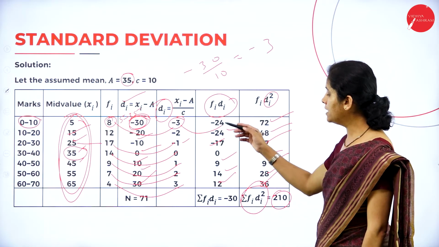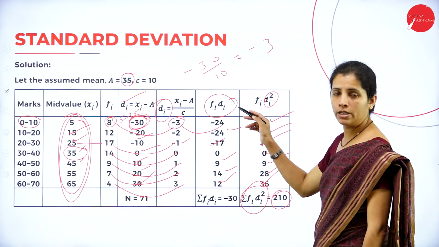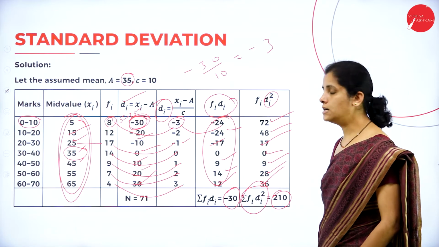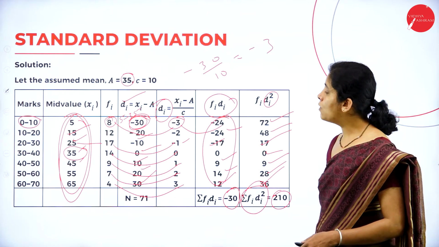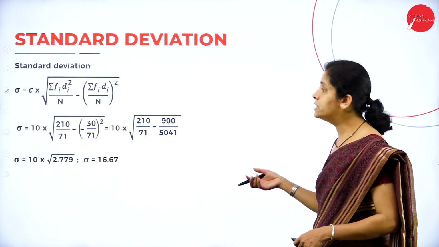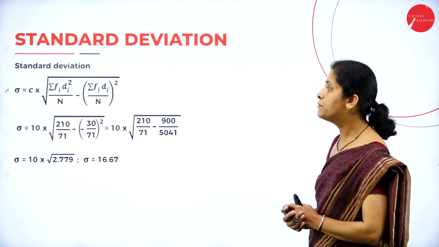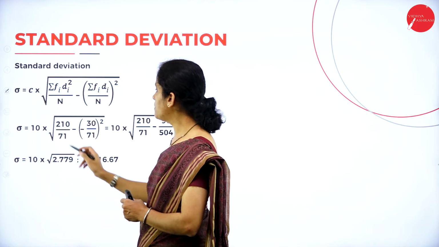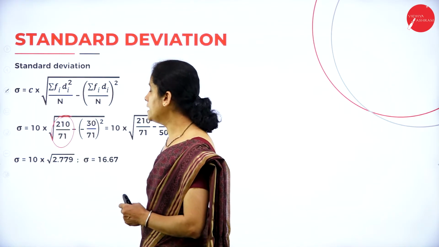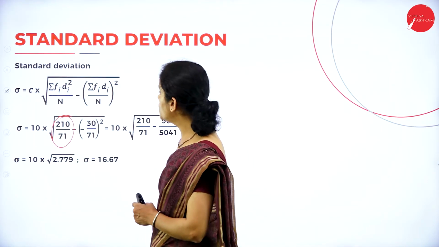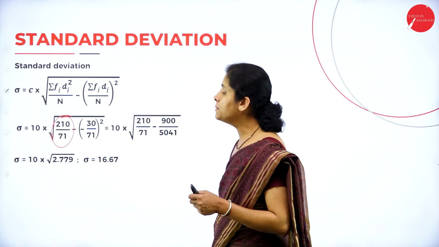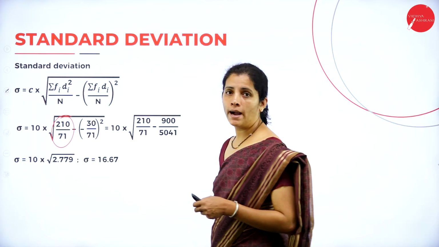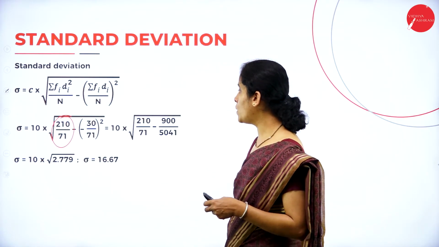And if I calculate summation of Fi into Di, it is minus 30. Now, I'm going to substitute all these values in the formula. After substituting, I'm going to get 10 into the whole square root of 210 by 71 minus (30 by 71) whole square.